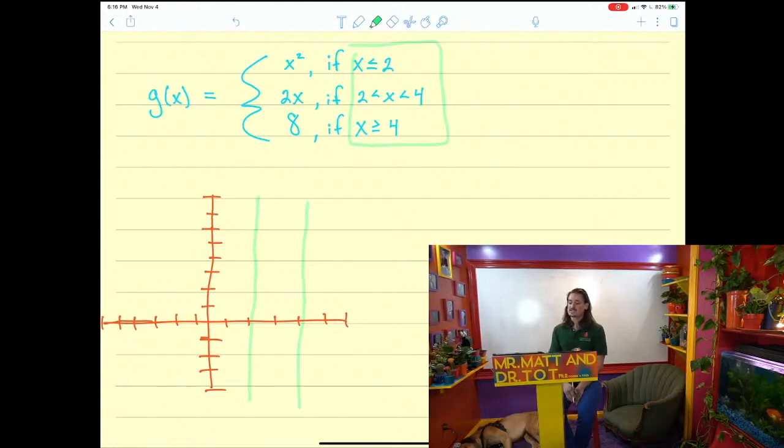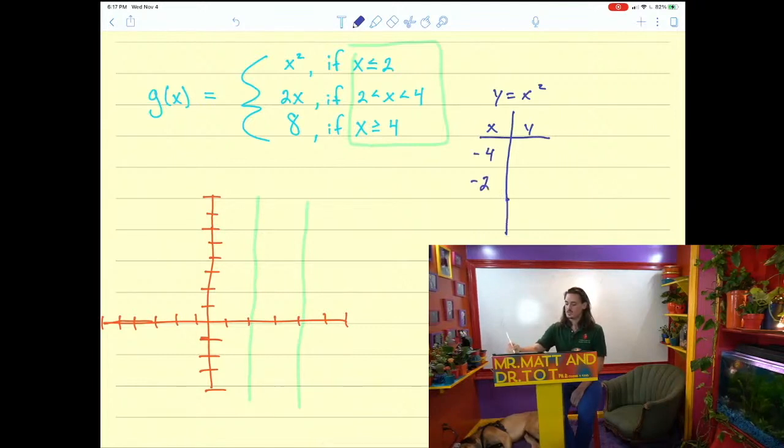So when x is less than +2, we're talking about the function x squared. And what you can do is just draw a little table here. If y is equal to x squared, we just want to get a few values. So let's say when x is equal to -4, -2, 0, and then we need to know what it's equal to at +2.